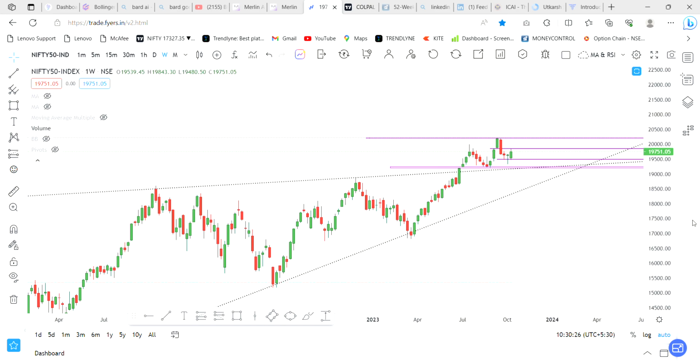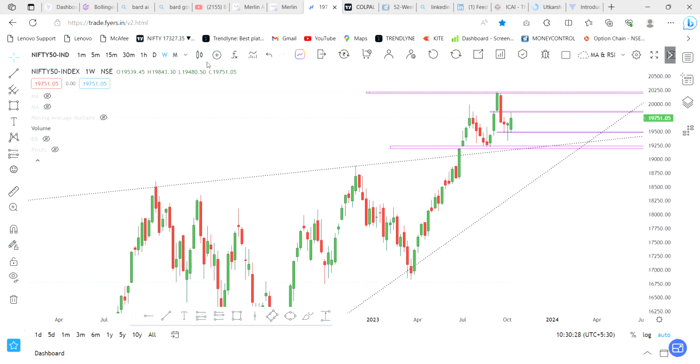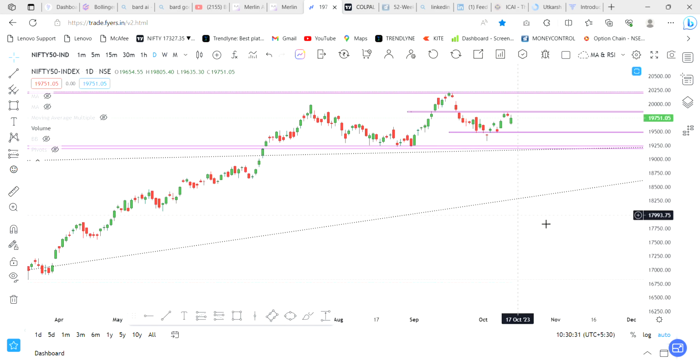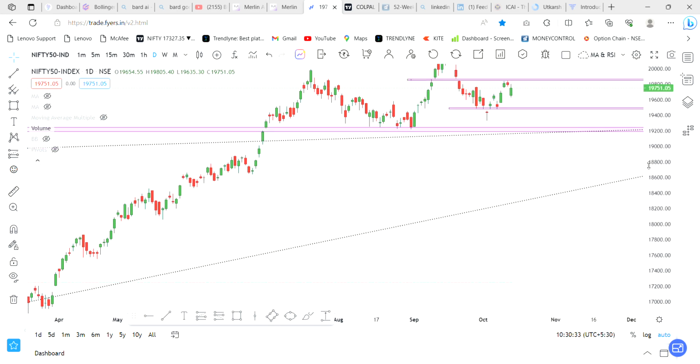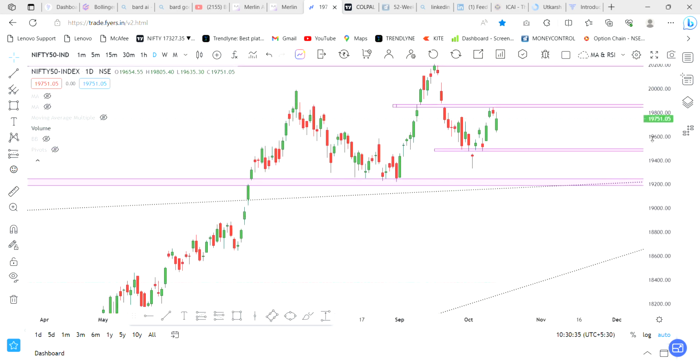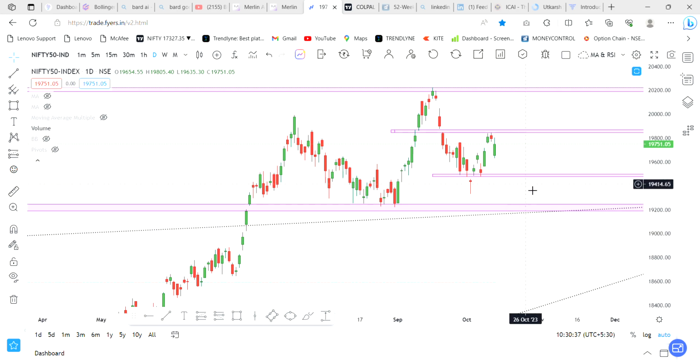If I drop down to the daily chart, this is one particular area where there's more support. Previously, if you remember, I told 19,800 as my upper limit for the sideways. This particular big red candle is the reason why I told 19,800.